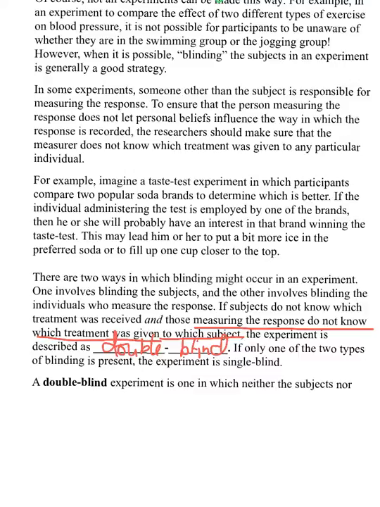However, if they see that, oh, this person is actually just in the control group, they're not getting any treatment, then when they see that slight difference, they might think, oh, it's not a big enough difference, I'm just not going to count it. So the person measuring the response variable can be biased too when they measure the response. So if those people don't know who's in which treatment group and the subjects don't know who is in which treatment group, that's when we call it double blind. And if it's only one of those two and not both, that's what we call single blind.